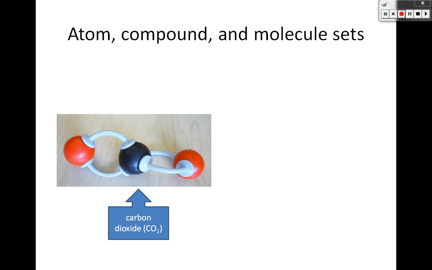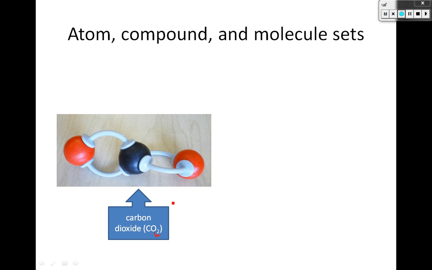So for example, I can take a carbon piece, and then I can take two oxygens, and I can make carbon dioxide, CO2. Remembering one more time, as we talked about earlier, that this 2 refers back to the O. And now you start to see why there are double bonds.